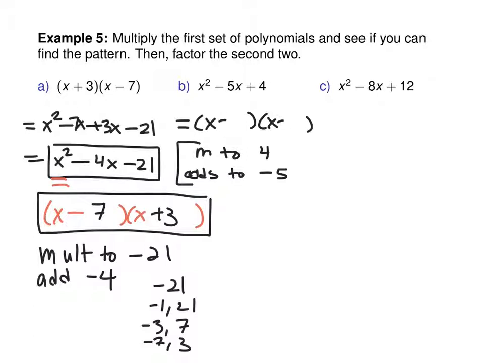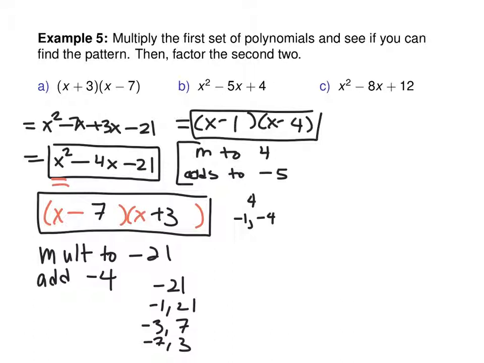And 4 is negative 1 times negative 4. Is that the ones? That's the ones. So minus 1, minus 4. Also, make sure you understand this pattern depends on it being x squared. When you have something like 2x squared, the pattern's different, okay?